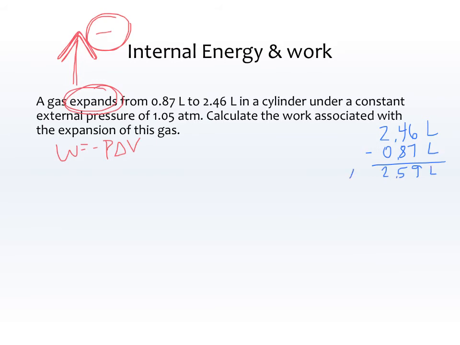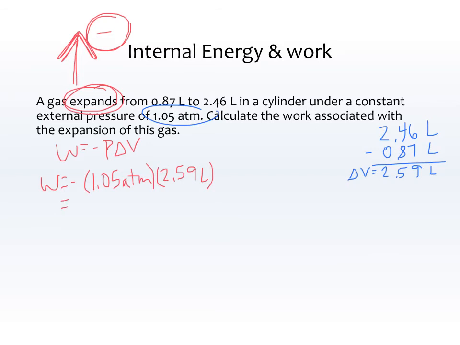So that's the change in volume. And the pressure is 1.05 atmospheres, so we're just going to plug that in here. So that's just going to be 1.05 times 2.59, and make that a negative value.